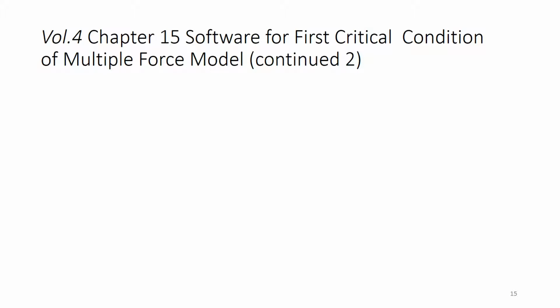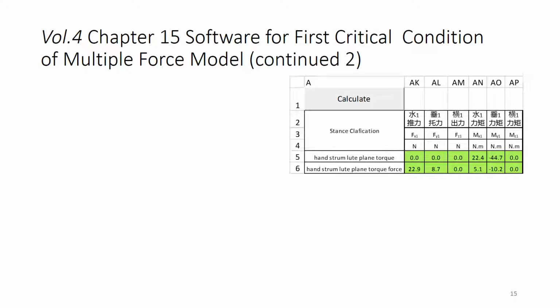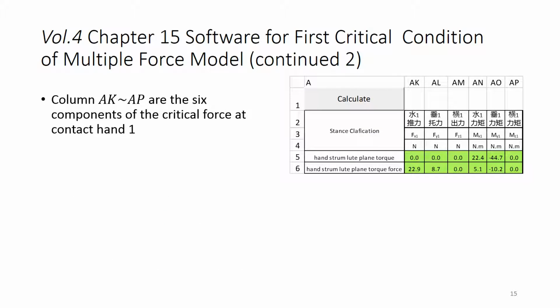Continued 2. Column AK to AP are the 6 components of the critical force at contact hand 1.